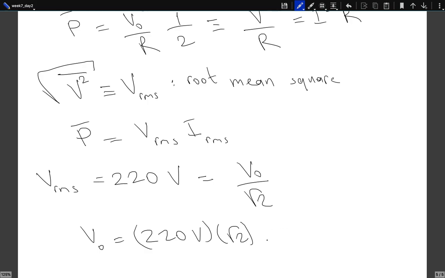The peak potential is actually 220 volts times square root of 2, which is something like 280 or 300, let's say, 300 volts. Something around that value.